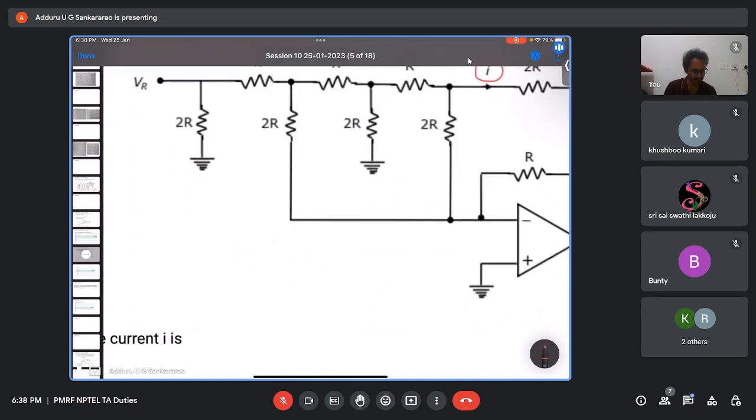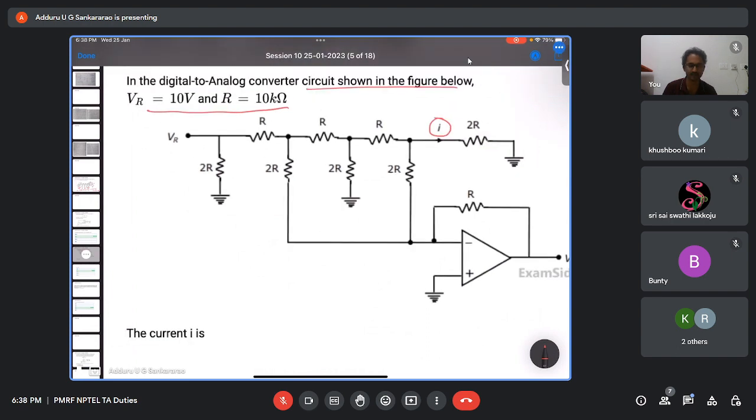The same DAC, whatever we have seen just now, right? That is the total current is this, and you try to find out the equivalent resistance now. Total current is I. Now what is total current? The VR by R equivalent, total equivalent resistance.